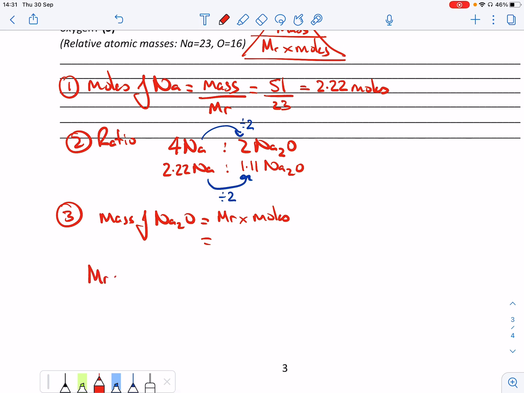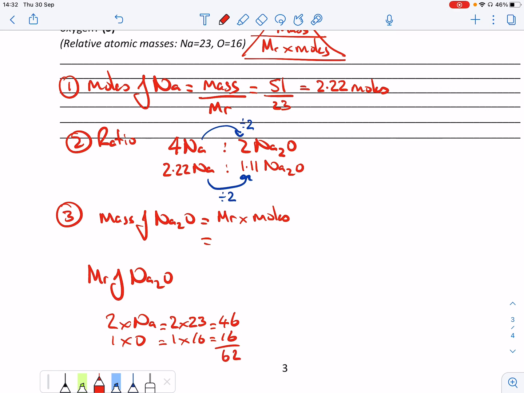So the Mr of sodium oxide, in here I've got 2 lots of sodium, I've got 1 lot of oxygen. Sodium has a relative mass of 23, oxygen's mass is 16, so that's going to be 46 and 16. Add those together, and that gives an answer of 62.